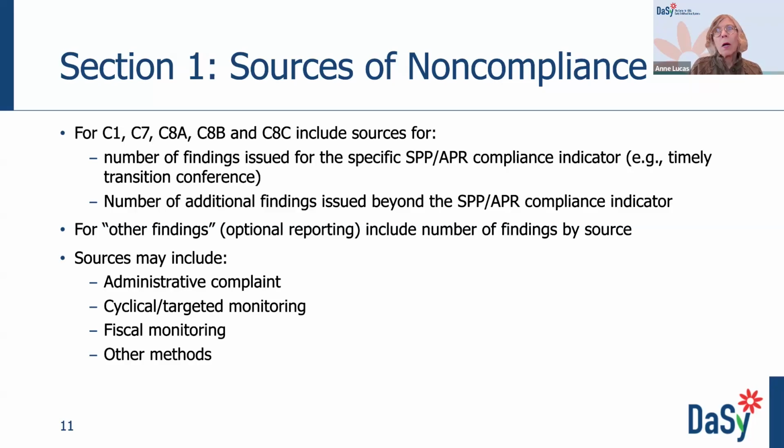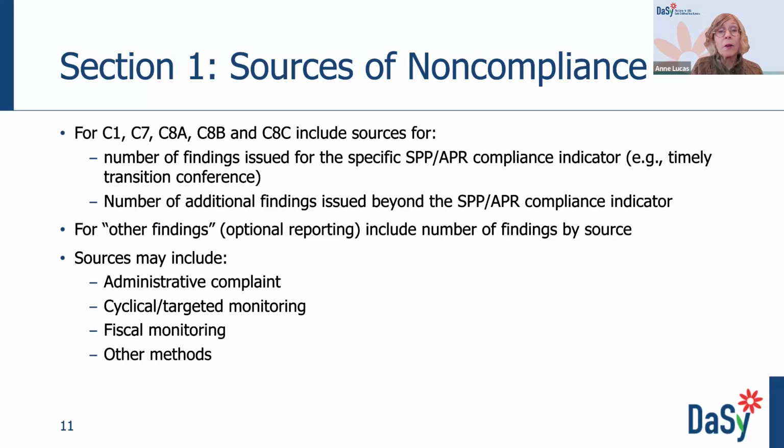So for the compliance indicators in C12, C1, C7, C8A, C8B, and C8C, what we are encouraging that you do is that you include the number of findings that were issued for that particular indicator that you're reporting in. So if you're reporting under the table C1, then report that there were 10 findings issued for X number of programs.